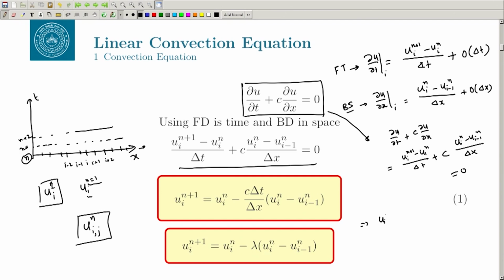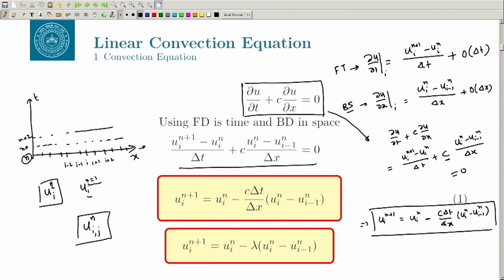So, this will become u_i^(n+1) equals u_i^n, and then you take the rest to the right hand side. That will become minus c delta t by delta x times u_i^n minus u_(i-1)^n. Why did I write it in this form?